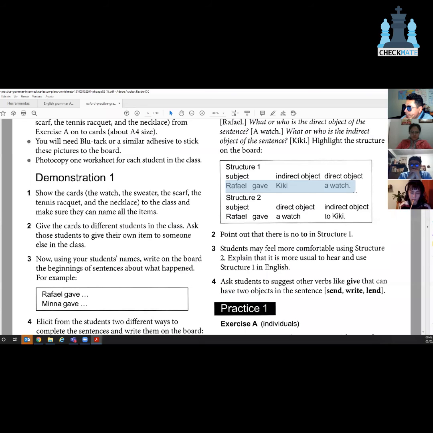The indirect object was Kiki because she received the watch. Okay. Then the second structure, Chinese, Rafael gave a watch to Kiki. Okay. That's the question you have to ask when you are determining if it's a direct or indirect object.